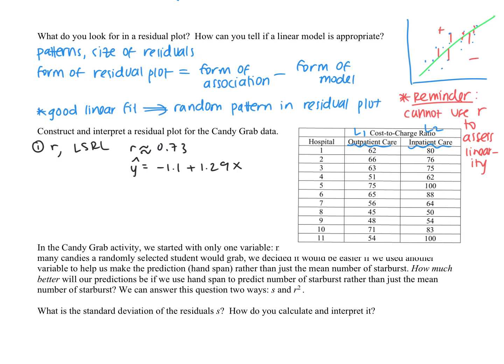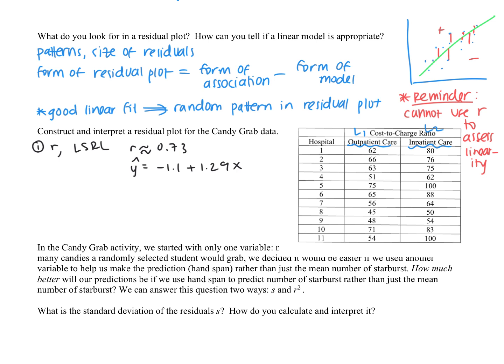Okay. Once you've calculated the line of best fit, you have to do that first. Once you've done that, the calculator has all of the residuals for you. You just have to find them. So right now, click the same buttons that I'm going to tell you. Hit second list. On your calculator, it should say L1, L2, L3.